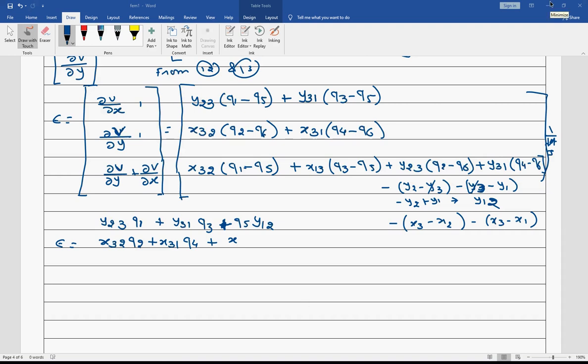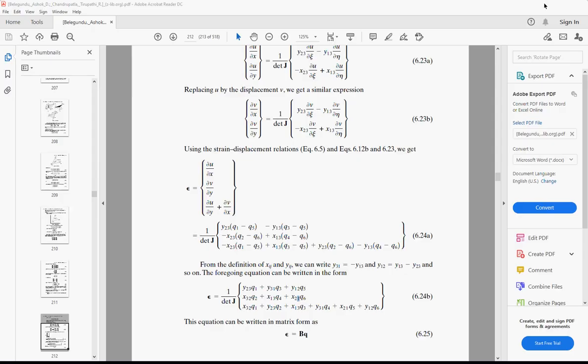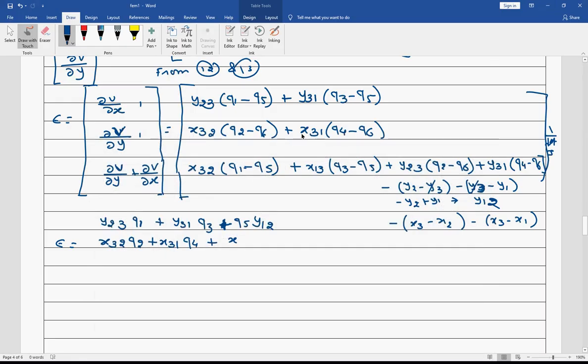One, two. x3 2. So this is correct, and this is x3 1.